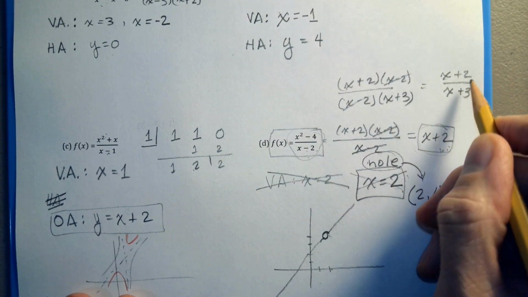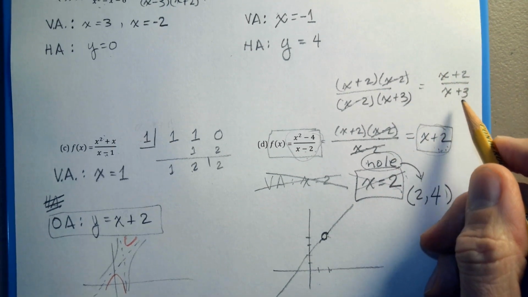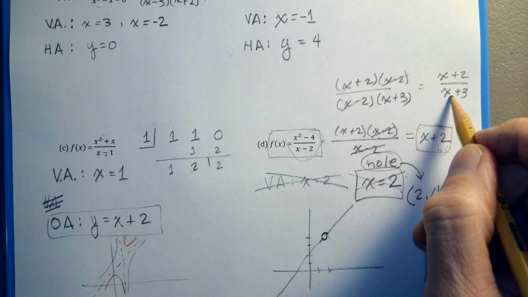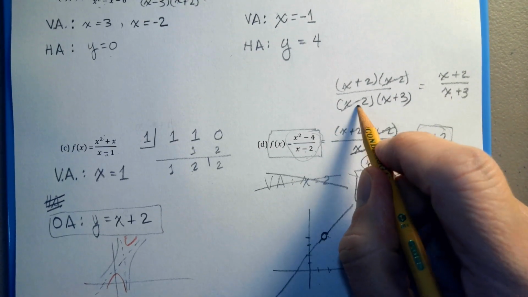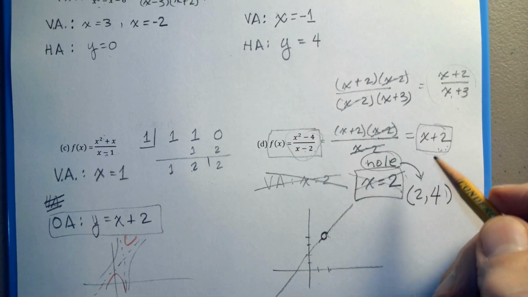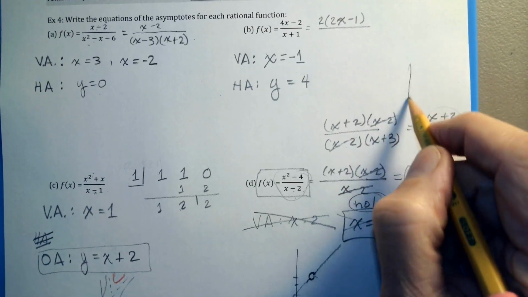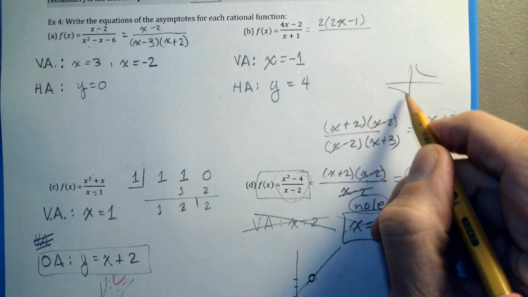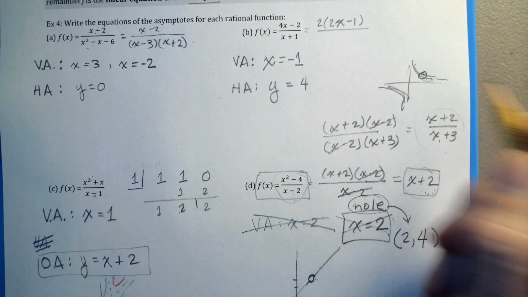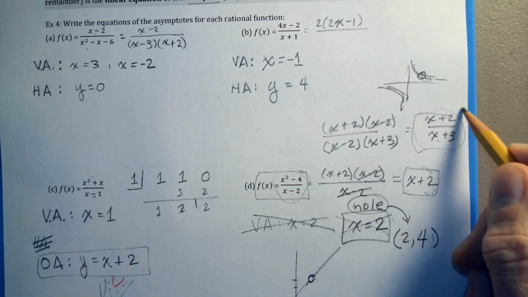x plus 3, which is another asymptotic function, not just a simple line, right? But it will have a hole at an x value of 2. Plug a 2 into this to help figure out where the y coordinate for the hole would be. So that would be something more like, I'm just sketching it quickly, an asymptotic function like this, but it might have a hole in it somewhere. All right, so that's kind of what you would have here.